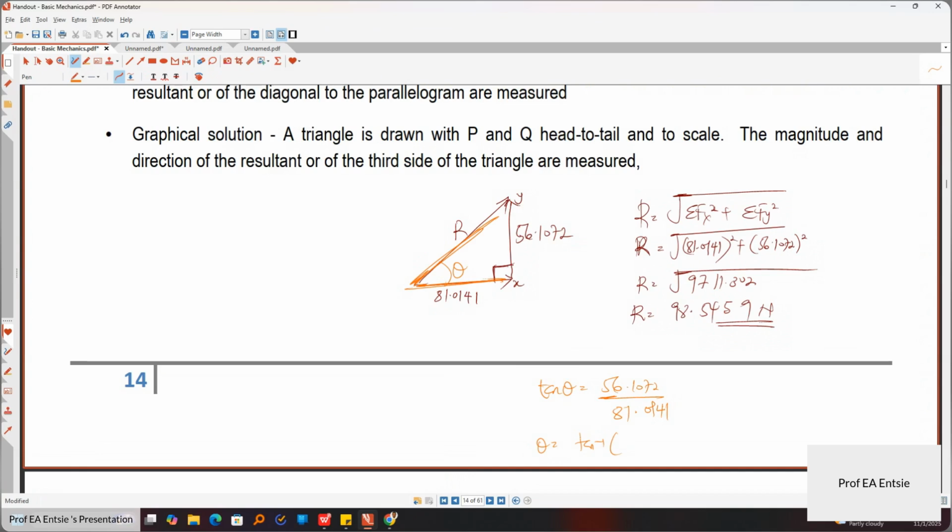You get 0.6926. So this implies that theta will be equal to tan inverse of 0.6926. And I'll get the answer straight, which is 34.7065. And this is approximately 35 degrees.